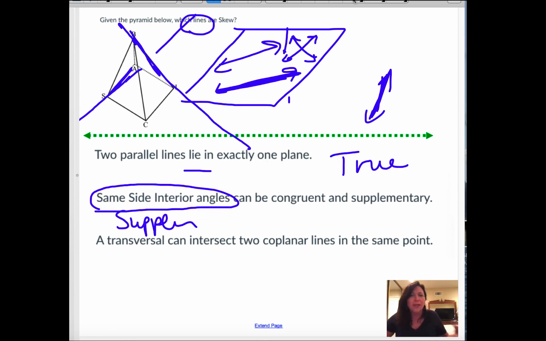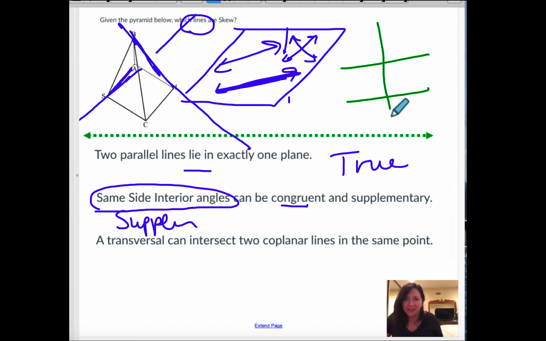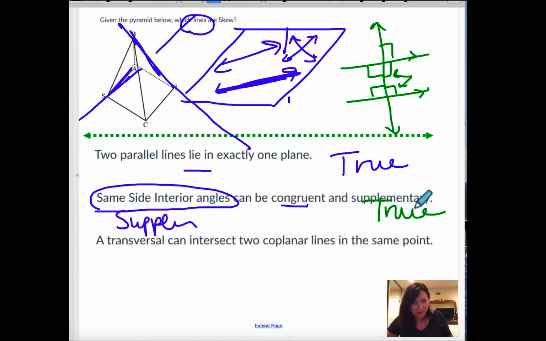But the only way that same side interior angles can be congruent is if the two parallel lines are cut by a transversal that's perpendicular, because that would make all of these right angles, and then that would make my same side interior angles congruent and supplementary. So this is a true statement.